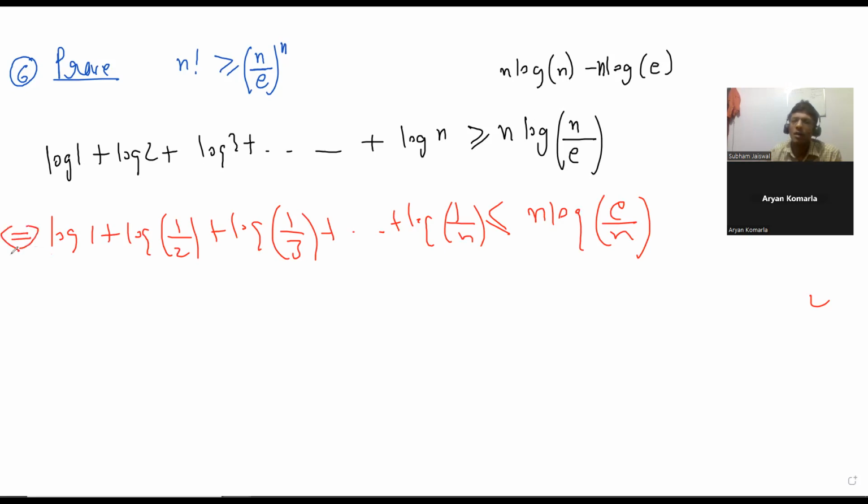So log 1 remains the same. These are just all smaller, which means this is the negative of this, right? So the sign switches, negative, negative. This side also switches. I've just done that because I want to apply it.